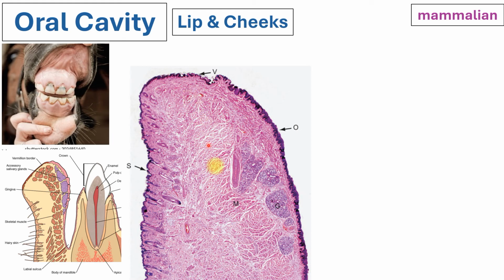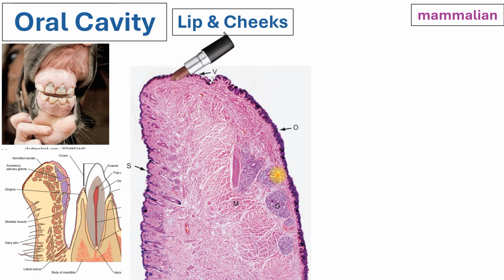And then inside the lip, in the submucosal area, you would have your skeletal muscle component. That's the reason why you can actually control your lips when you're talking and when you're eating. And then you would also have the presence of your labial glands in the mucosal or inside surface of the lips.